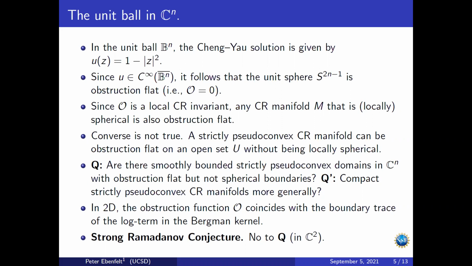In fact, it's known precisely which ones are spherical, and they correspond to Hermitian symmetric spaces. However, we think that for three-dimensional CR manifolds, the answer to Q prime is still no. So you cannot construct these things in 3D without also having the boundary being spherical.